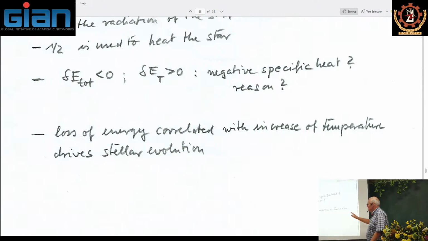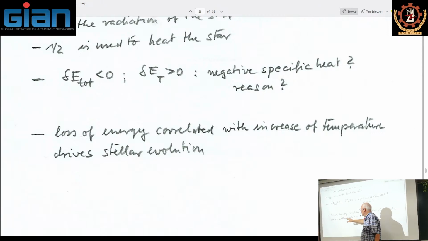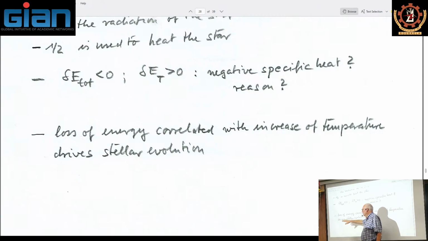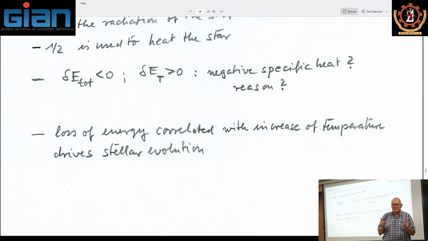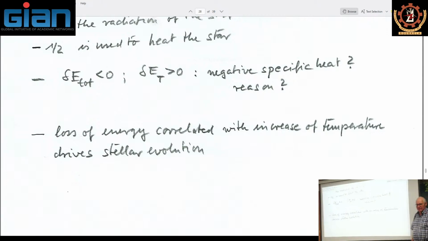This is the implication of the virial theorem: once the star loses energy, and of course it needs to live from its gravitational energy, so it contracts and releases gravitational energy, this will automatically lead to an increase of temperature.